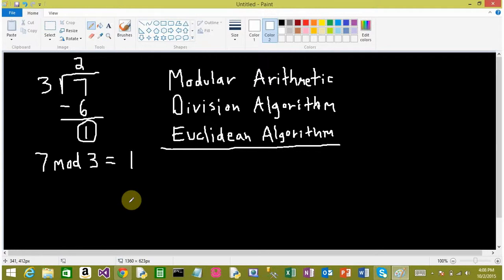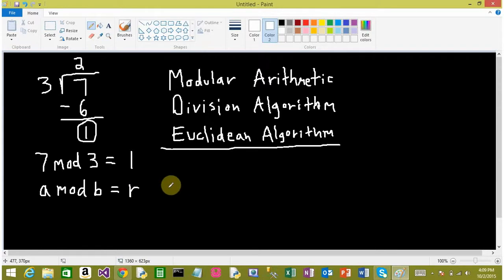So in general, you have the modular arithmetic formula where you say A mod B is equal to R. A is the dividend, B is your divisor, and R is the remainder.